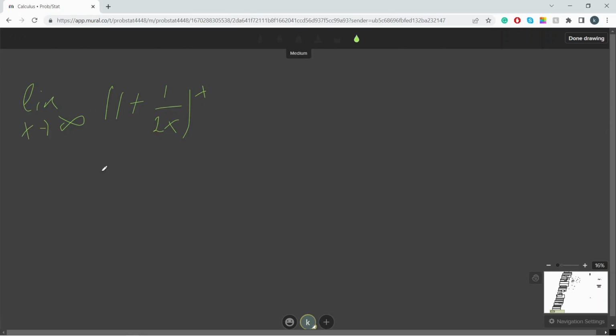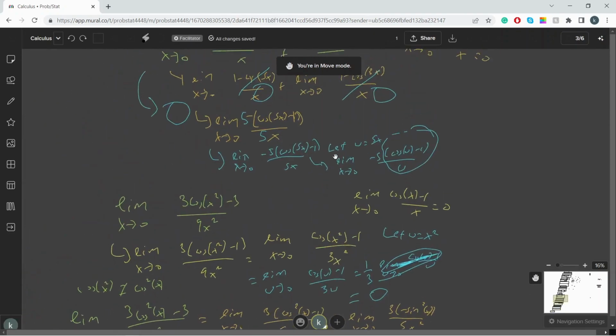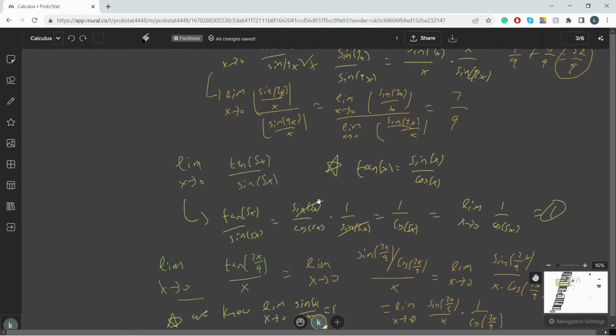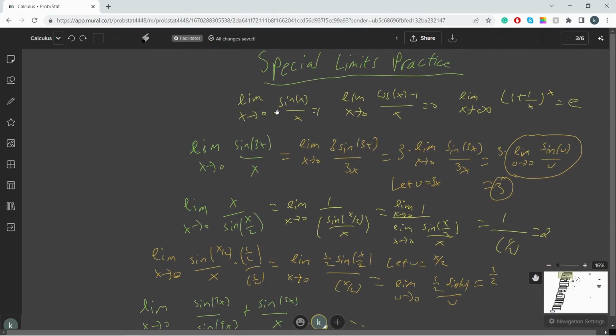So you might recall that this limit clearly doesn't have any sines or cosines. So we couldn't use the special limits above, right? We could not use one of these two special limits right here, because the function we're trying to take the limit of doesn't have a sine or a cosine.